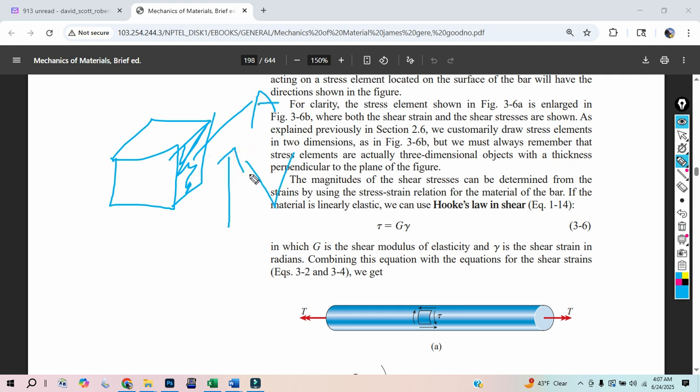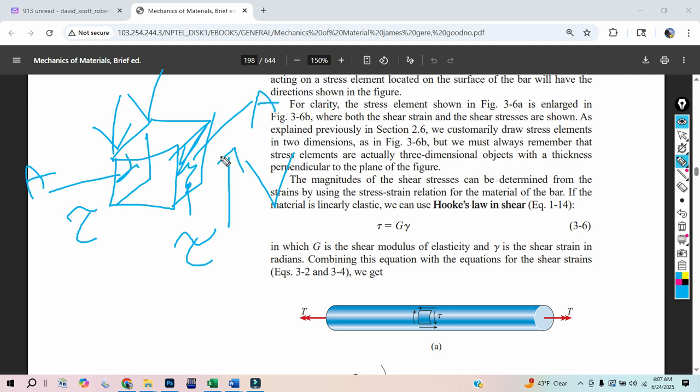So I'm going to apply a force onto that area. That is the shear stress. When I do that, I need to apply the same force over here, and the area is the same. Cool, so then that's going to be the same tau.